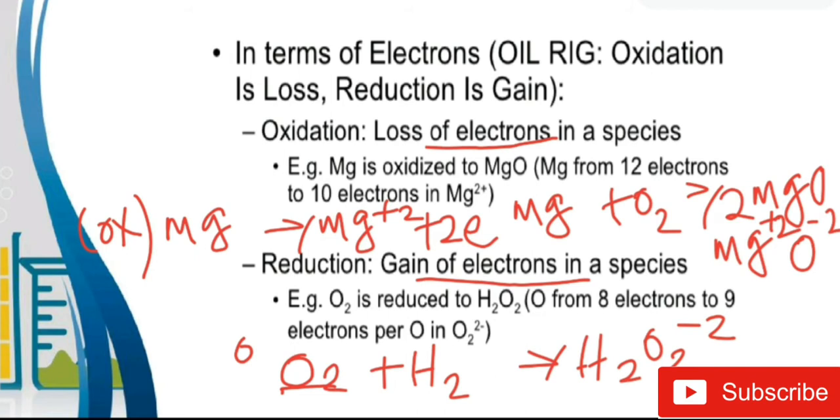So the oxygen atom gains 2 electrons to form O minus 2. That is the minus 2 charge present in the oxide. So this is the process of reduction.